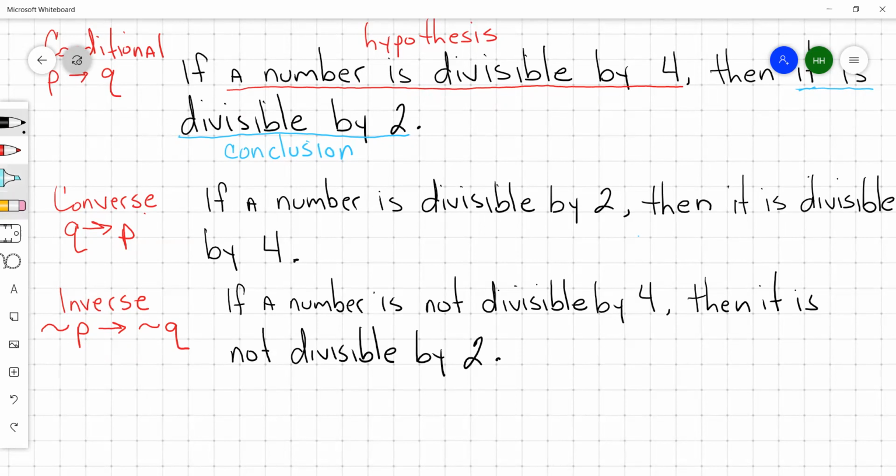This negation symbol, this squiggly line in front of the hypothesis and the conclusion, means to insert the word not into your hypothesis and into your conclusion.